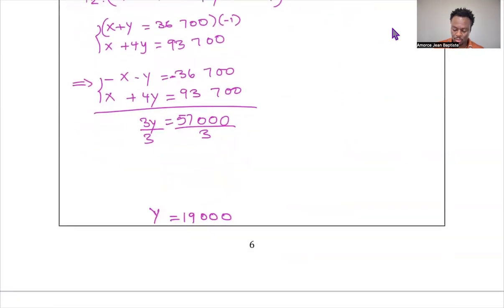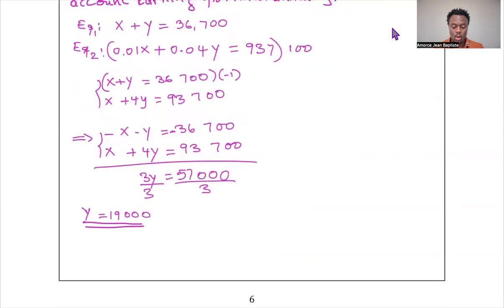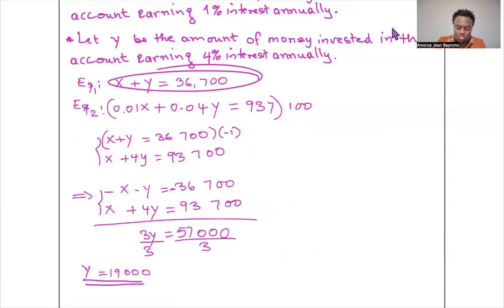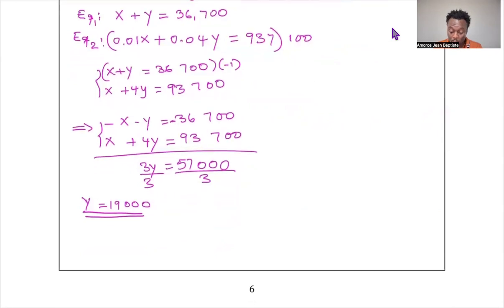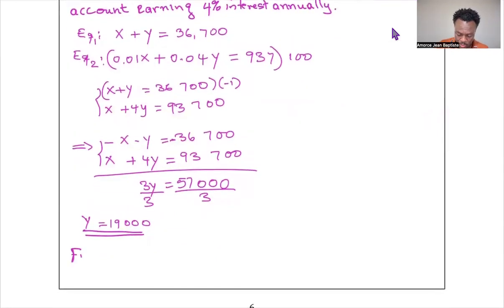Now we need to find how much was invested in the account that earns 1%. Well, we know the first equation has x and y, so we can just find x from that. From equation 1, x equals 36,700 minus y.